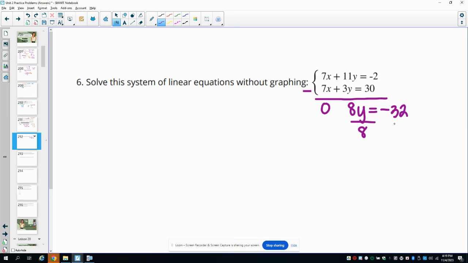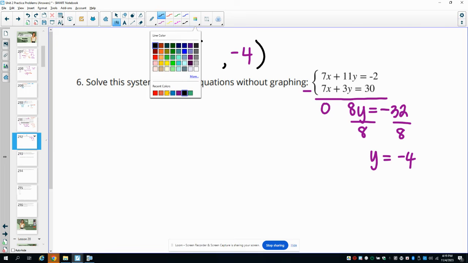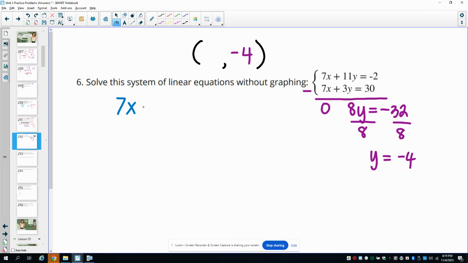Then we'll be able to divide by 8, and we get y equals negative 4. So the first part of our solution that we know is that y equals negative 4. So now we'll plug that back into either of these two equations. I'm going to pick the bottom one. So we have 7x plus 3 times negative 4 equals 30.